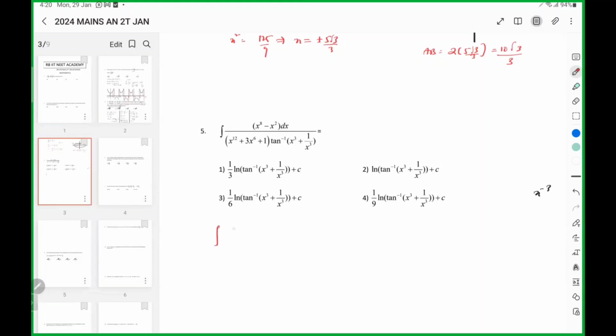Here I can write this, so x cube is there. In terms of x cube, x power 6 will come. What I do here is I will divide with x power 6: x power 12, 3x power 6 plus 1 by x power 6, tan inverse of x cube plus 1 by x cube dx.